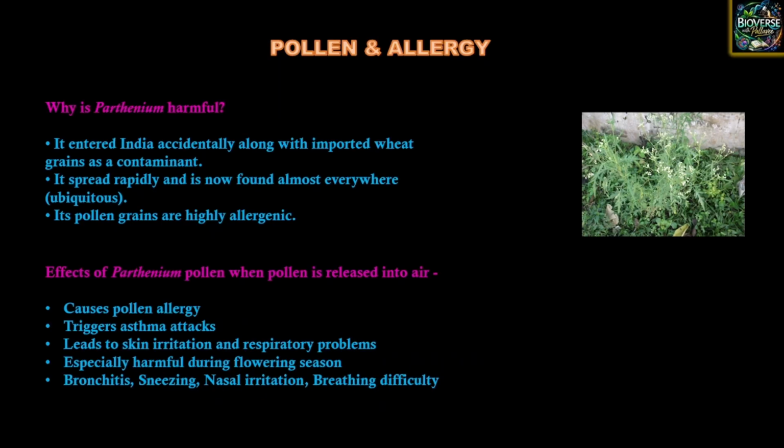Next topic is pollen allergy. Allergy is some kind of exaggerated response that we see. So when we are talking about allergy and the pollen, there needs to be some connection between both of them. So what we are seeing over here is that pollens are the main causal agents that cause allergy in the body of the organism.